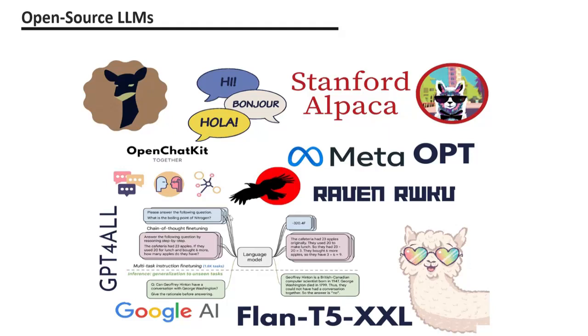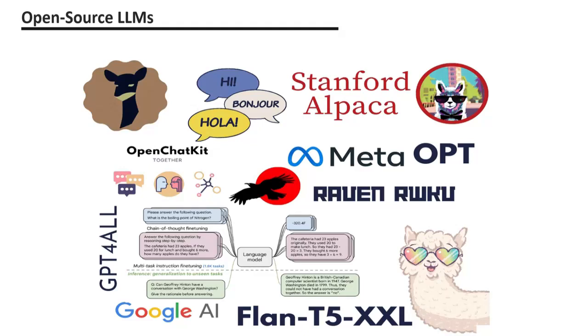Another model is Raven, an open-source chatbot that produces results similar to ChatGPT. We also have OPT, developed by Meta, which stands for Open Pre-trained Transformer Language Model. Although not as good as ChatGPT, it has demonstrated considerable capabilities, especially in zero-shot or few-shot prompting scenarios where there are few or no examples available.